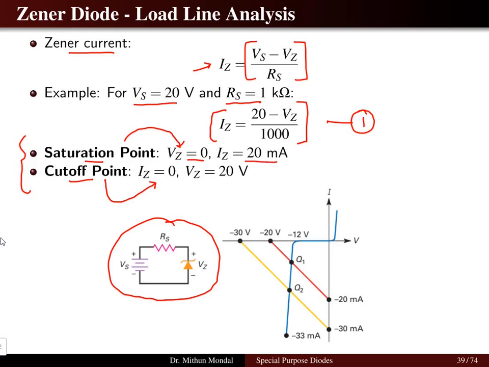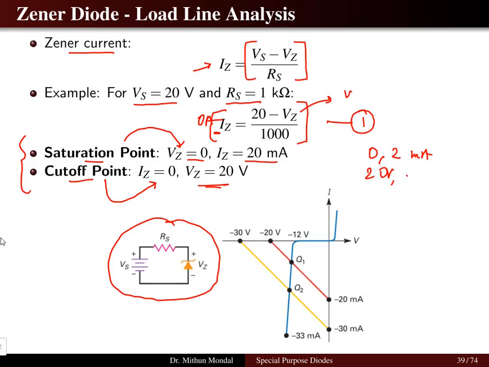So first we put the value as 0 volt and find the Zener current. In the second case, we put the current as 0 ampere and find the Zener voltage. So in the first point we are finding voltage 0 and the current is 20 milliampere. And in the second case, we are finding the voltage to be 20 volt and the current to be 0.